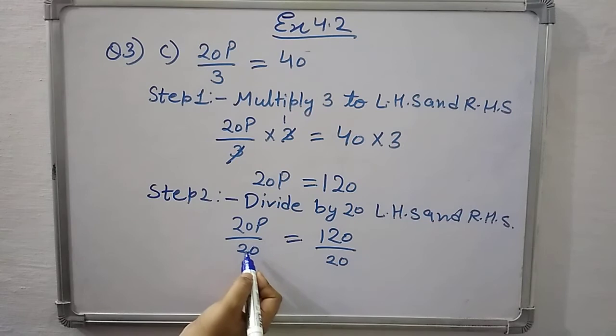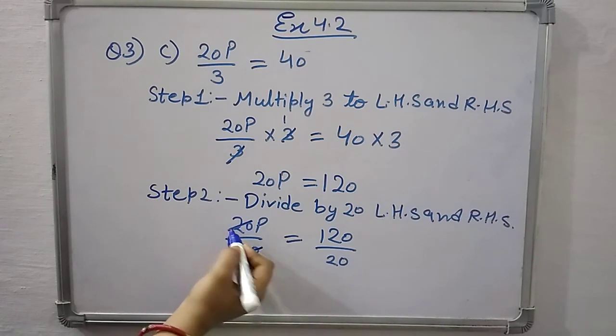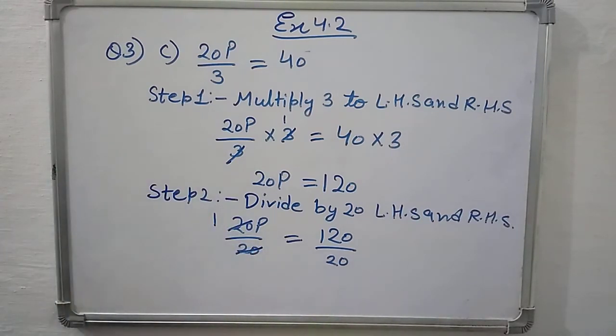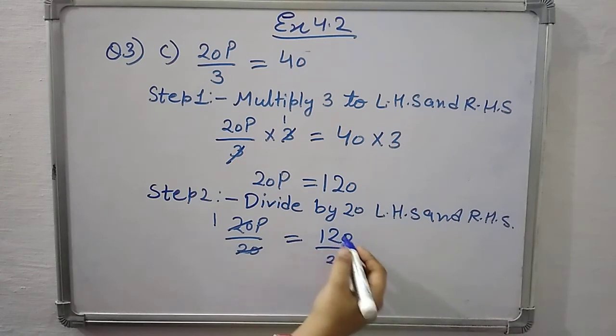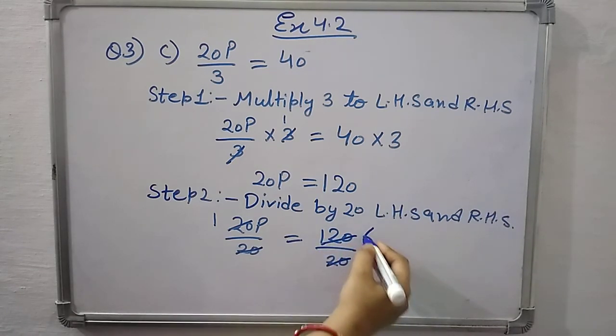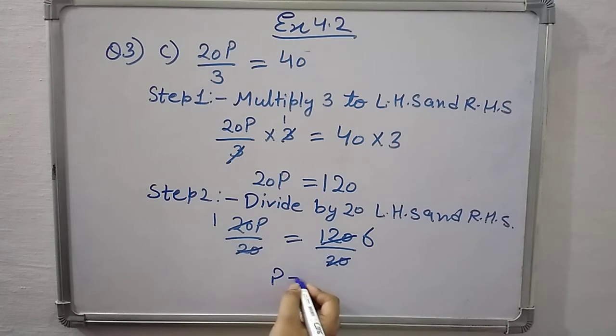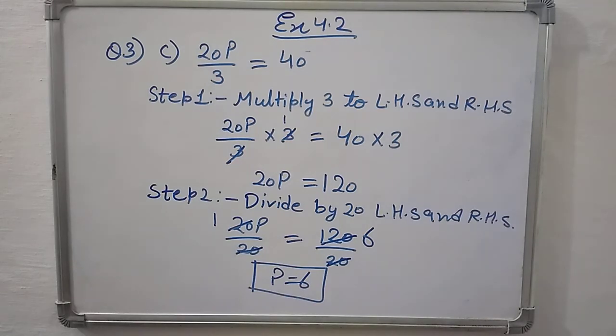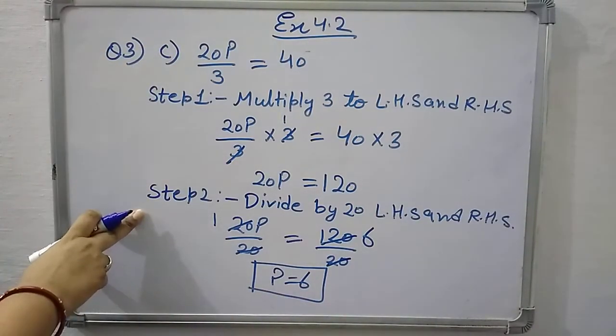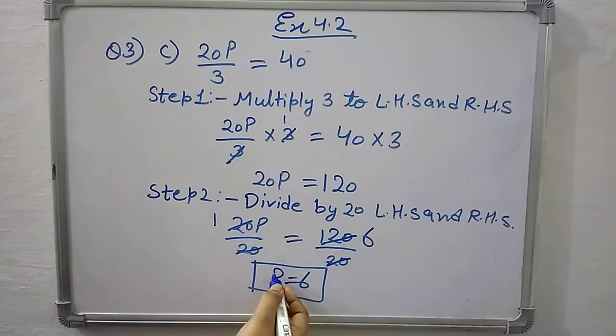Now this 20 can be divided by this 20 and you will get quotient as 1. On dividing 120 by 20, you will get quotient as 6. So value for p comes 6, and this is your solution for the given equation. So this equation contains 2 steps in order to find out the value of our variable.